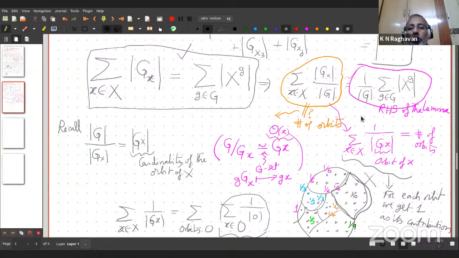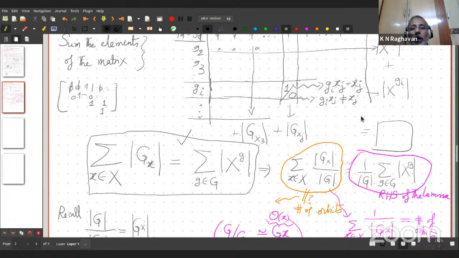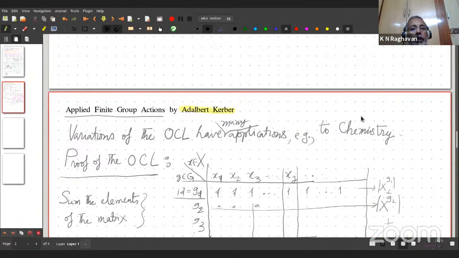So what have we done? Let me summarize what we have done. We have stated the orbit counting lemma and applied it to solve our necklace problem, which we had introduced as a motivating problem. And then we have observed that there are many other applications of the orbit counting lemma, or maybe more properly, variations of the orbit counting lemma.